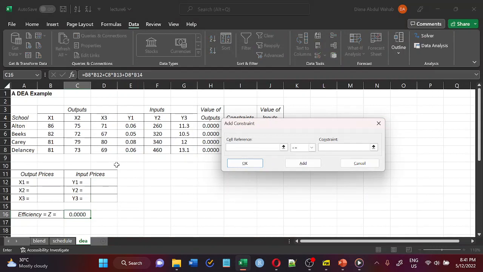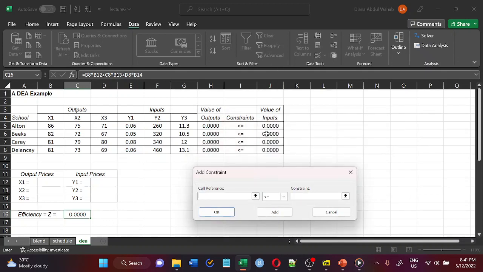The first one is the value of input for Delancey is equal to 1, if you look at the very first constraint, you can see from the slides.